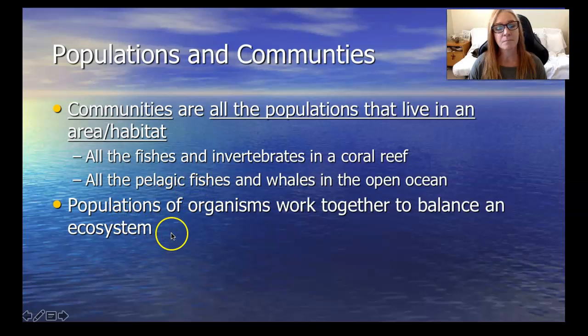Populations and communities work together to balance an ecosystem. And by work together, I don't mean that they have conventions and team building exercises. They feed on each other. They feed each other.